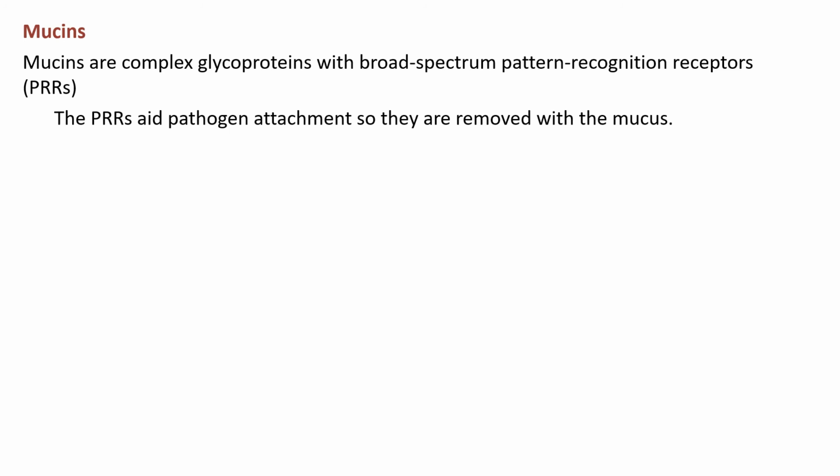So what are mucins then? As we said, mucins are glycoproteins. They also have on them broad-spectrum pattern recognition receptors, a bit like our phagocytes. If you remember, PRRs bind to PAMPs and DAMPs. The PRRs in this case aid pathogen attachment or debris attachment so that this is removed with the mucus.